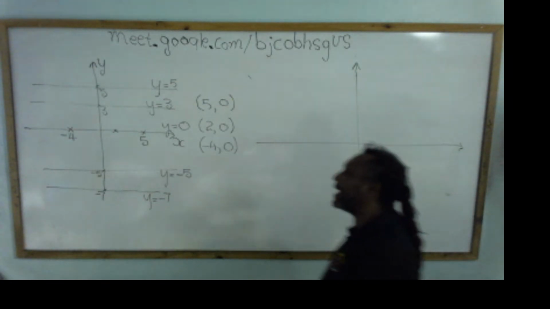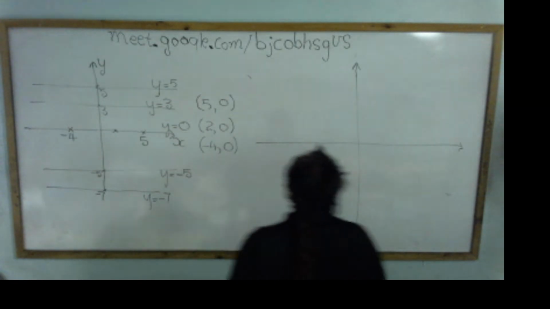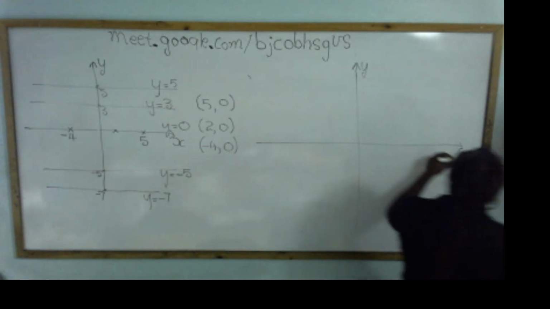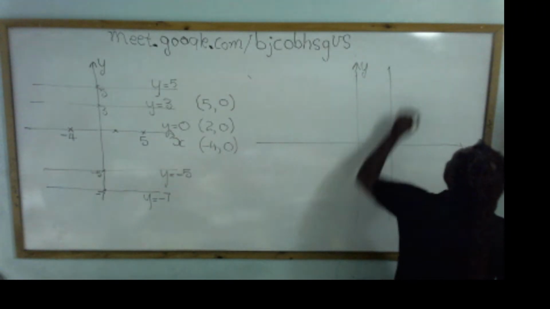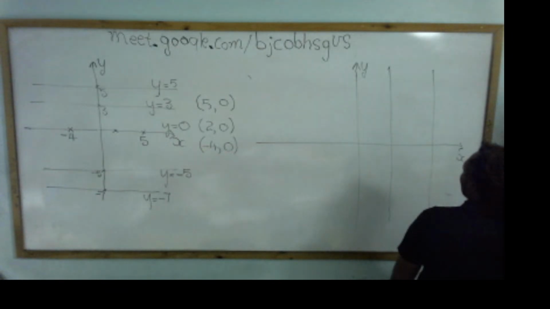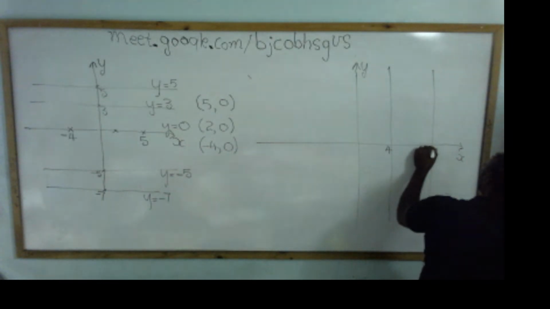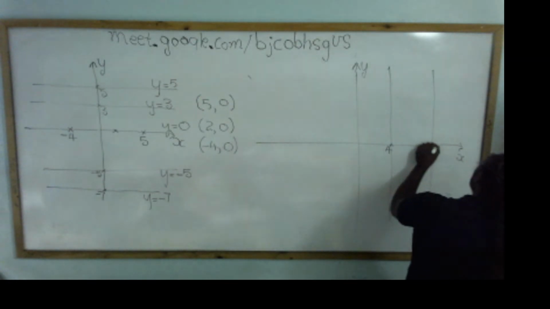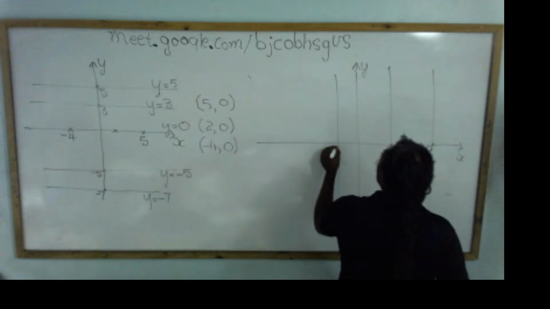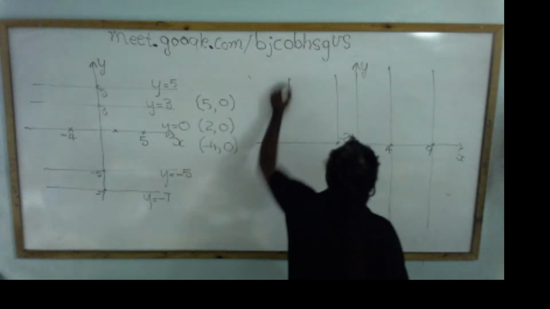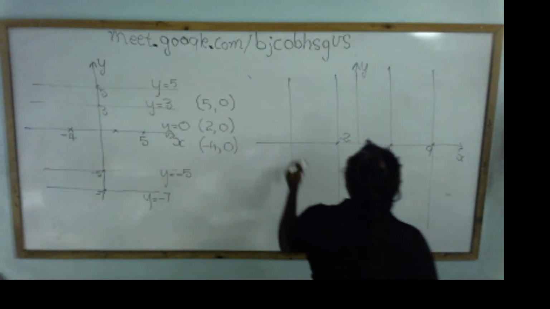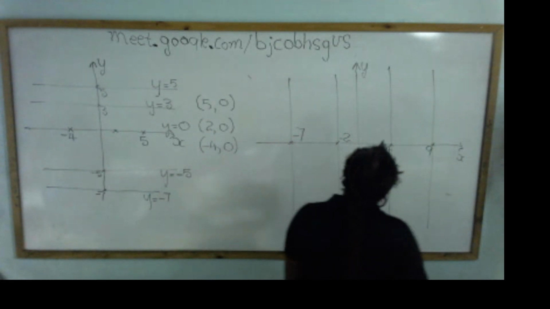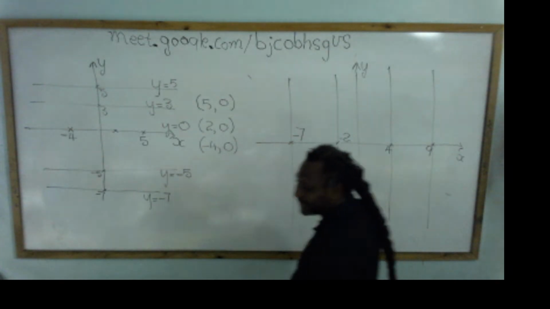If the equation of the x-axis is y is equal to 0, what would be the equation of the y-axis? What will be the equation of the y-axis first?